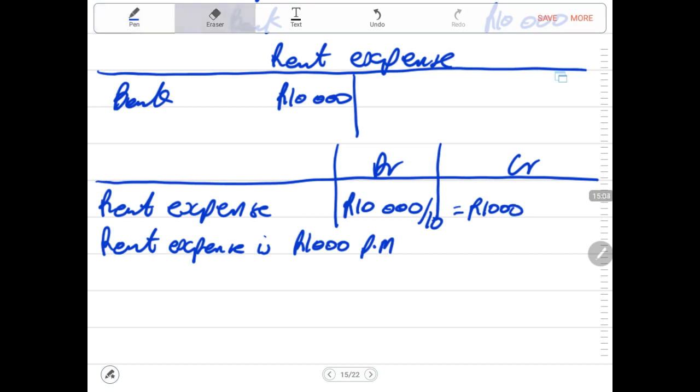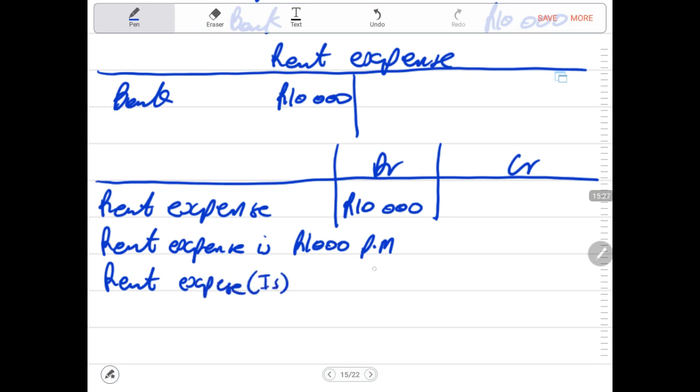Therefore now we multiply by the number of months the rent was supposed to be paid. Remember once again, the assumption is that the rent agreement was the beginning of the year. That means we're supposed to pay rent for the full year. So now we have to say how much rent expense was supposed to be, meaning rent that's supposed to go to the income statement, meaning rent for the full year is supposed to be how much? It will obviously be 12,000. Then you say 12,000 is what was supposed to be paid.